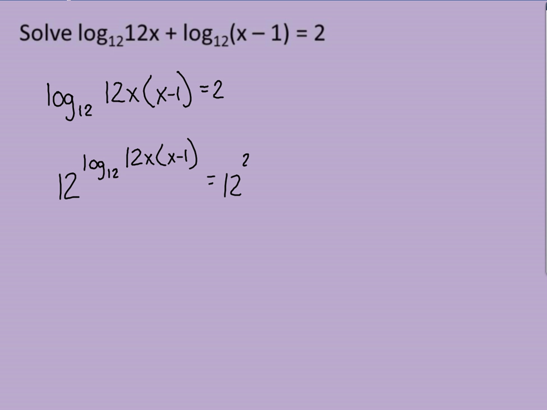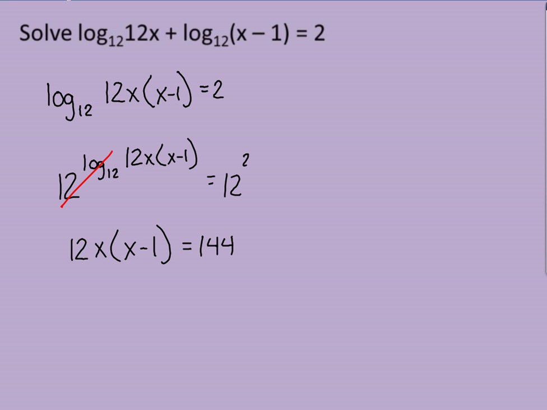Now our 12 and log base 12 will cancel. And 12 squared gives us 144.